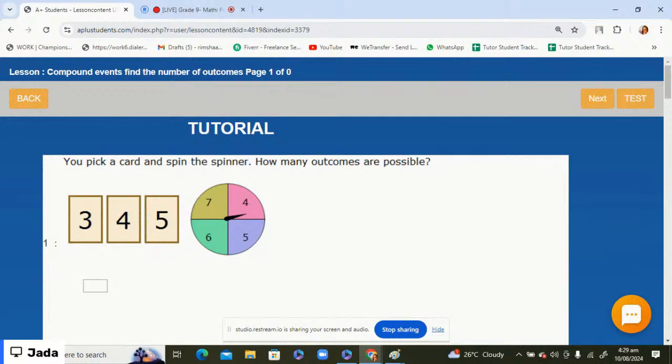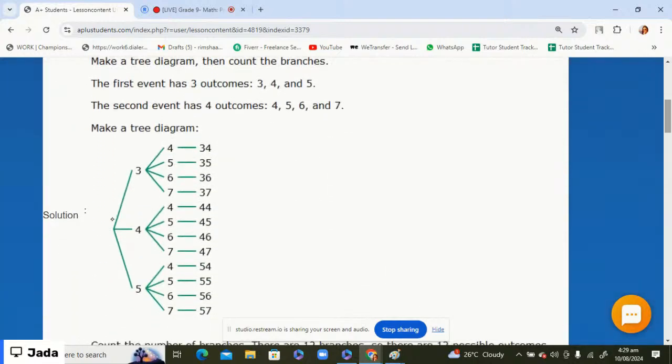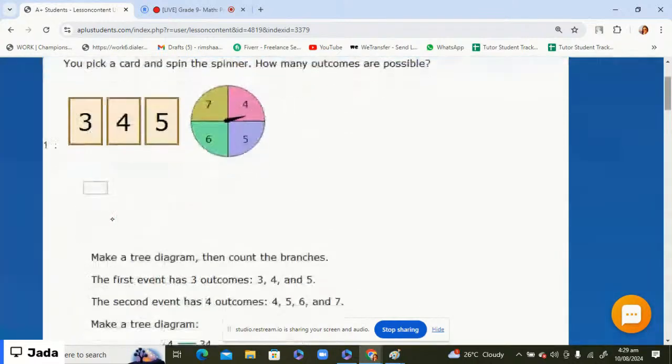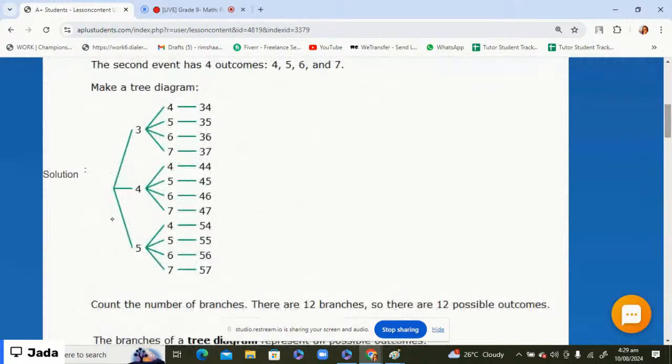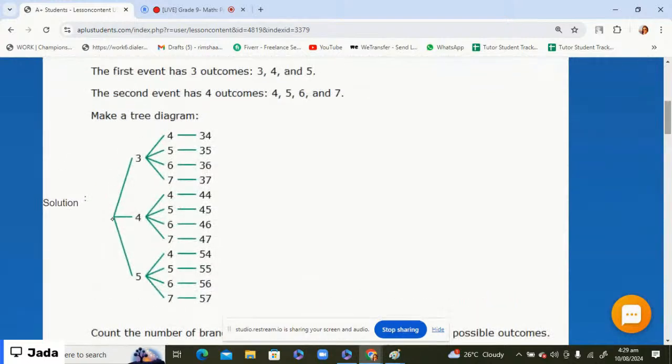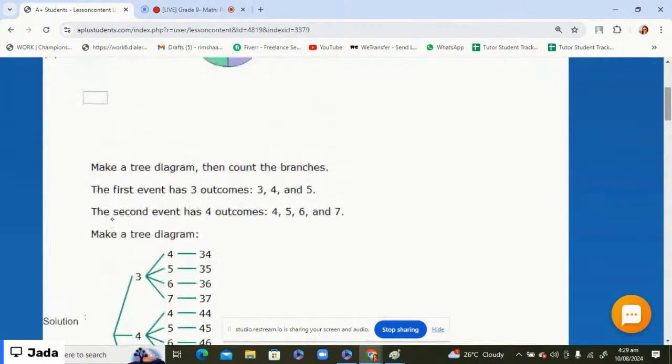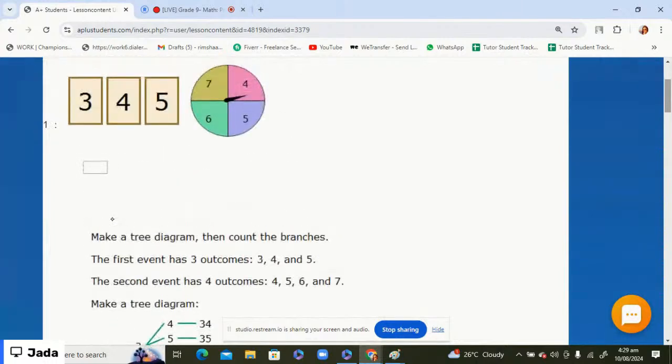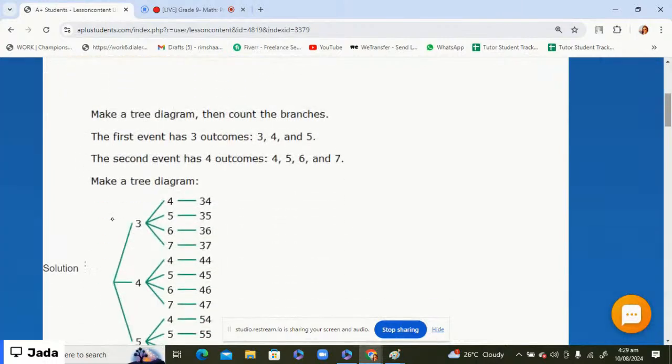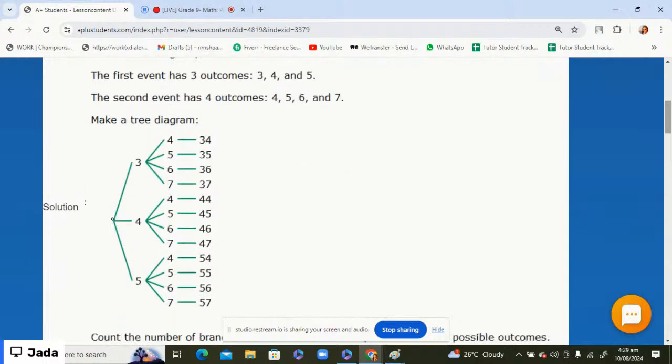So how many outcomes are possible? These are the three cards, which are 3, 4, and 5. And for the spinner, these are 4, 5, 6, 7. Okay. Look at this, a tree diagram.